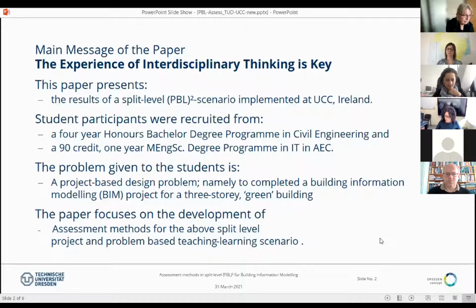The problem given to the whole student cohort was to develop a design for a 3-story so-called green building, which means a building with a lot of renewable technologies attached to it. Specifically, the students had to build a building information model of that building.